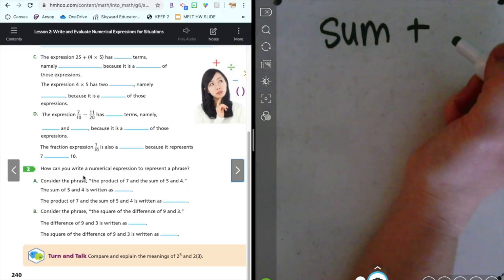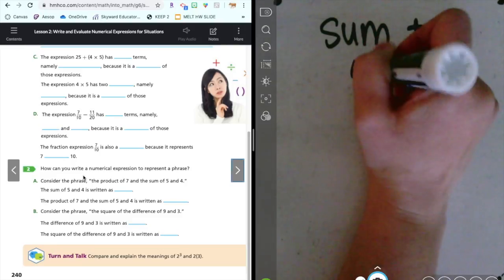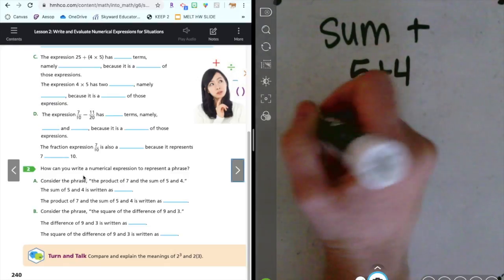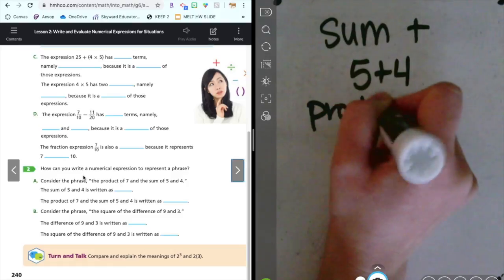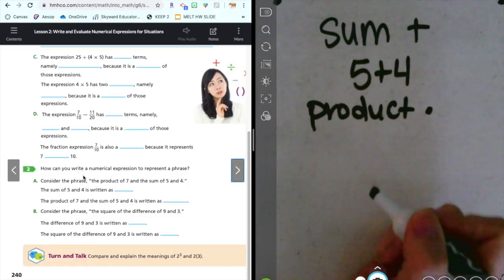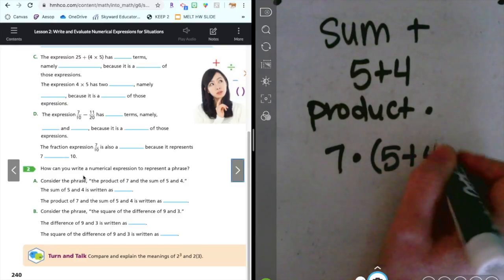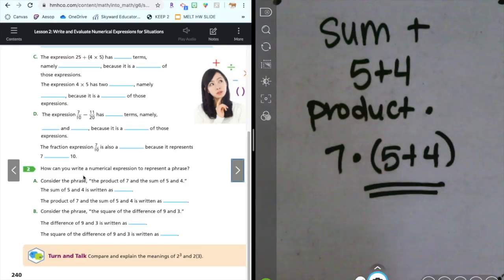So the sum of 5 and 4 would be 5 plus 4. And then it says the product of 7 and that sum. So the product is to multiply, right? So 7 times the sum. Now if it's times the sum, we have to put it into parentheses so that we have the sum. Remember, that's the answer. So we want that first before we multiply by 7.